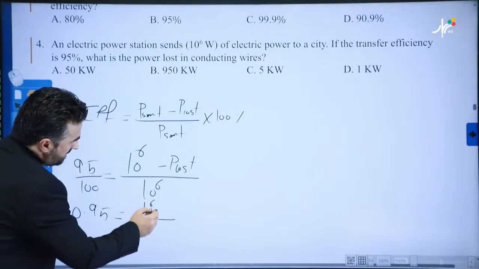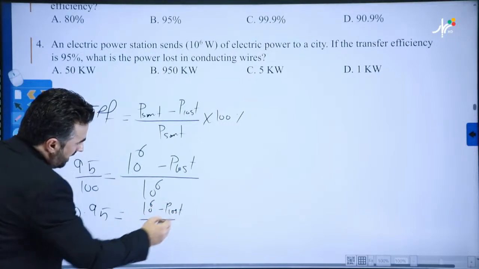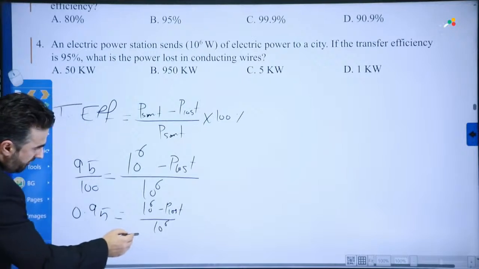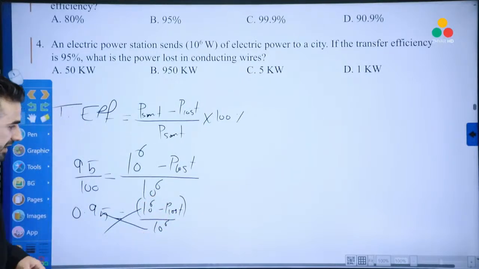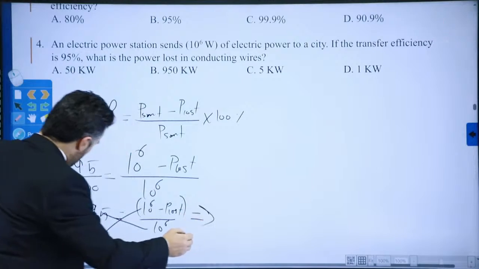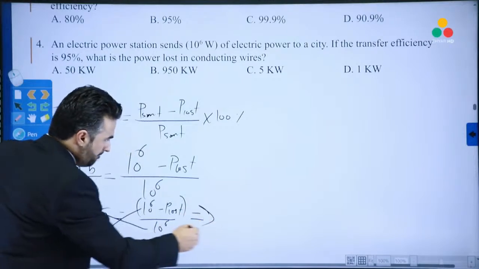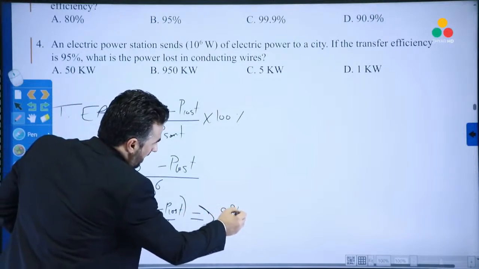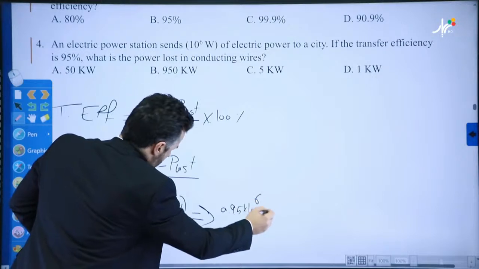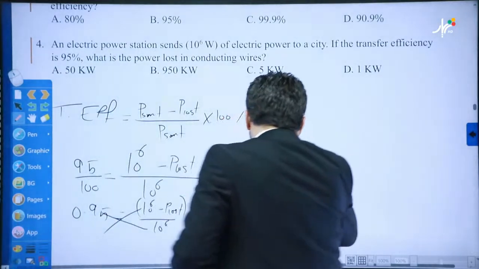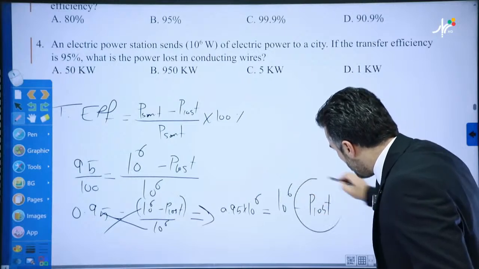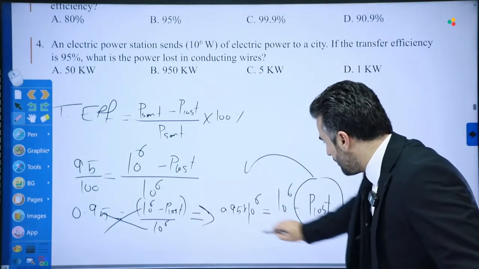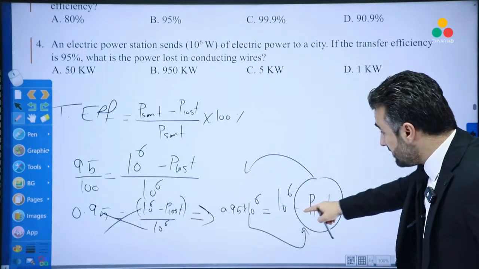So 10 to the power 6 minus power lost, divided by 10 to the power 6. Now, of course, you're going to do cross multiplication here, but these two are together, don't forget. So we will say 0.95 times 10 to the power 6 is equal to 10 to the power 6 minus power lost here. Clearly this power loss will go to the other side, and you will bring this one here, because there's a negative, don't forget.